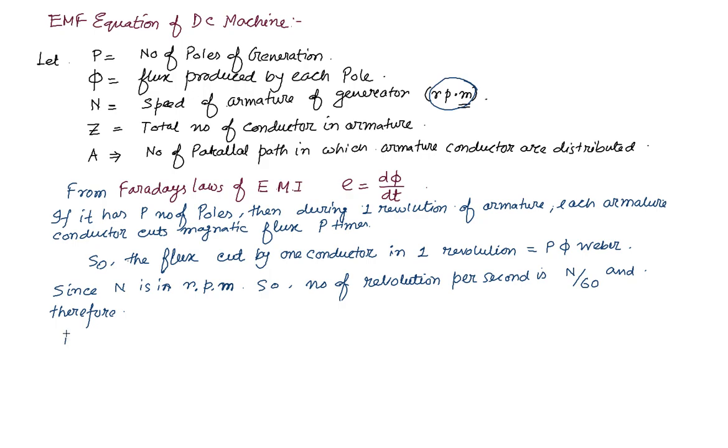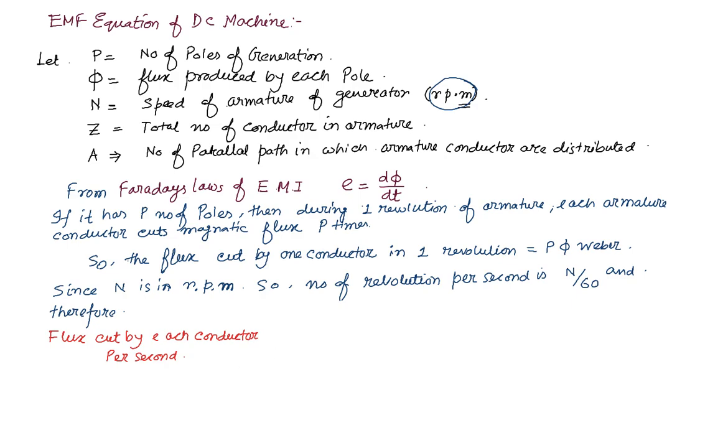the flux cut by each conductor per second is equal to phi into P into N by 60.